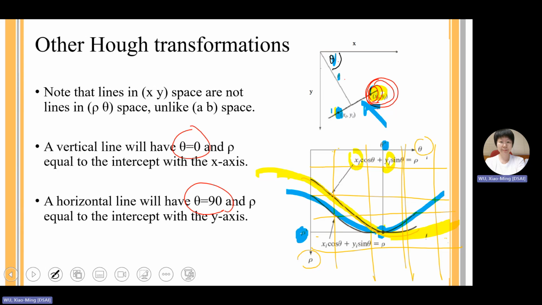So we only need to consider a few thetas. We only need to calculate a few thetas.